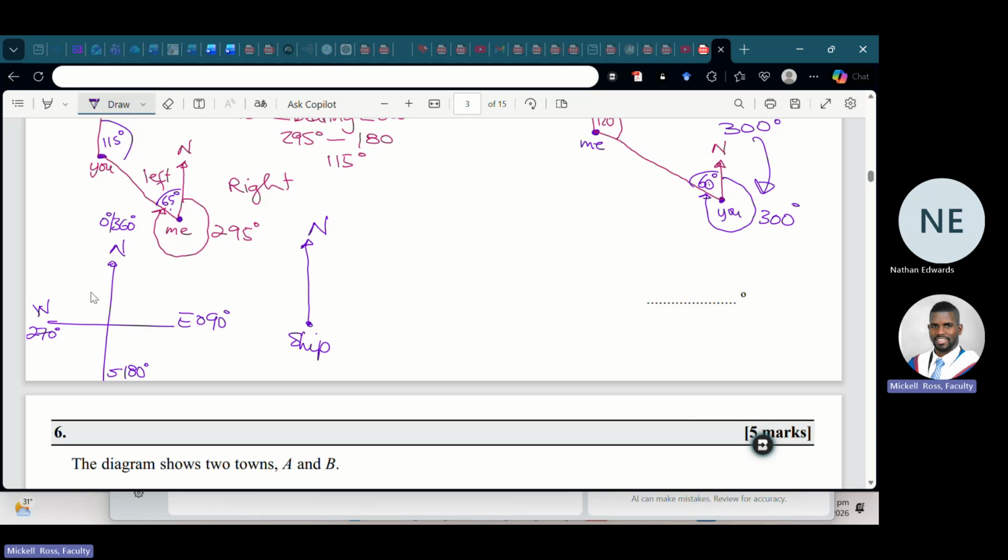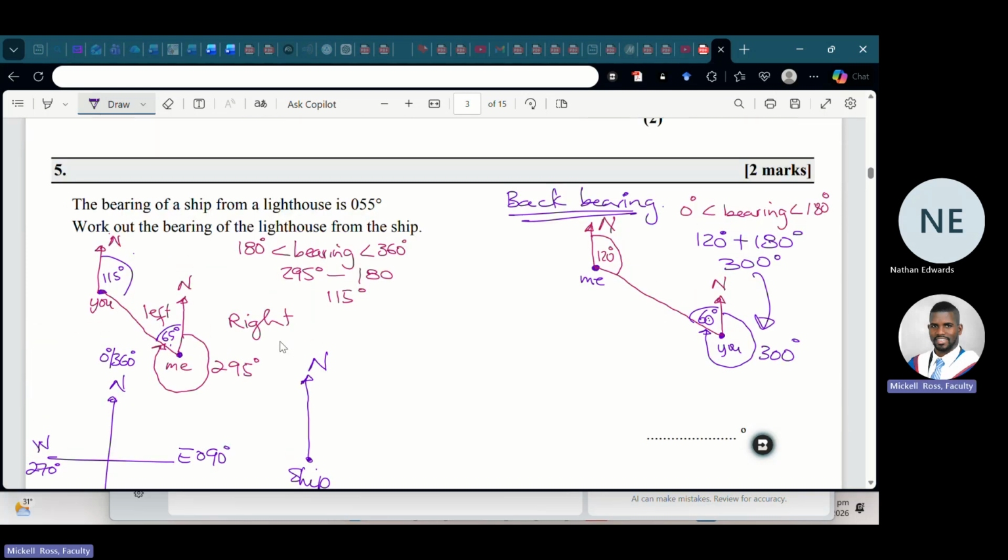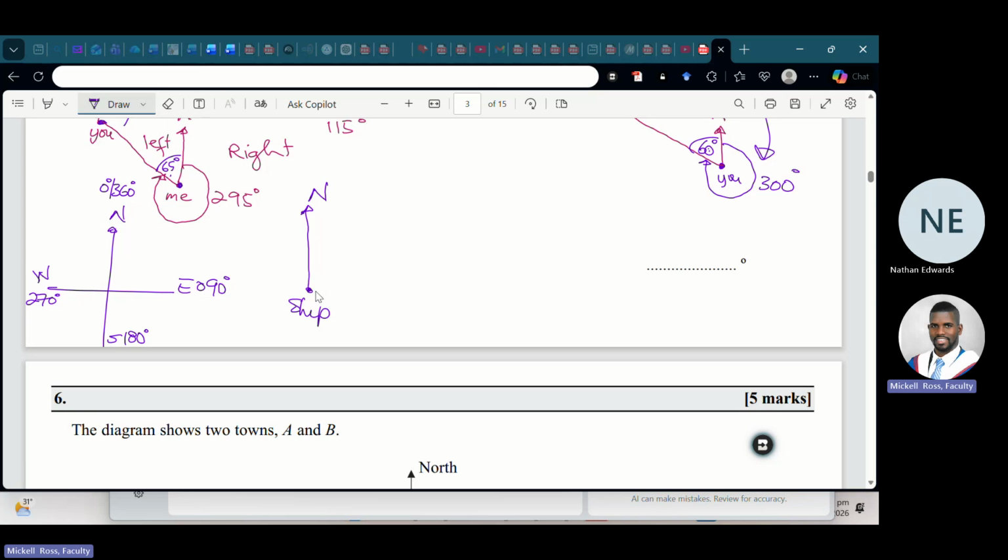So if we say that the bearing is 055, which is 55 degrees, it means that if this is my east, which is 90 or 090, then 55 is going to be somewhere in here to the lighthouse.